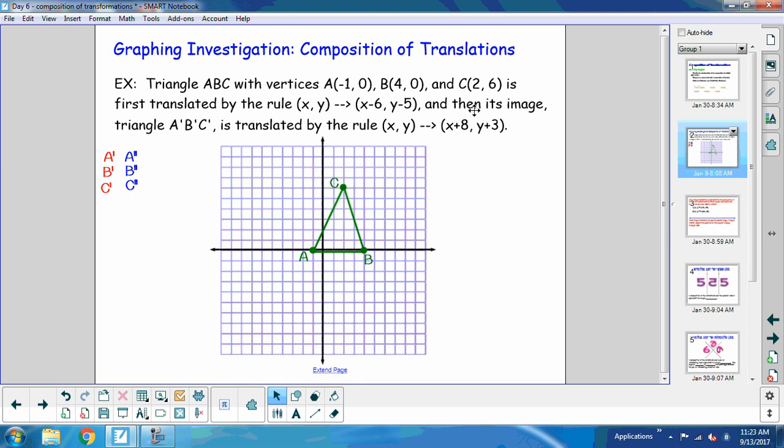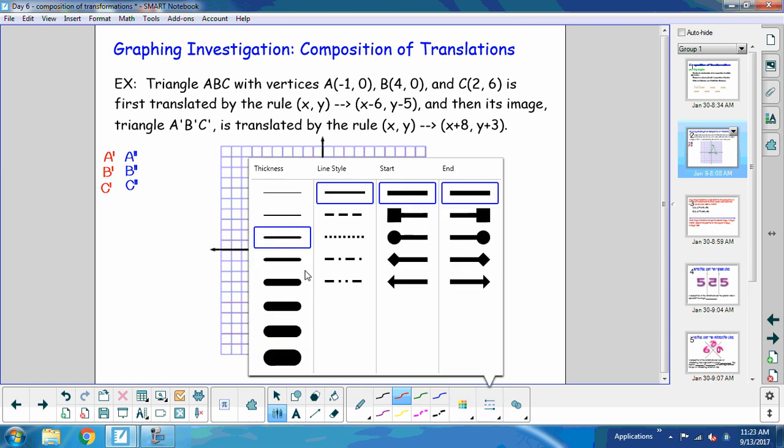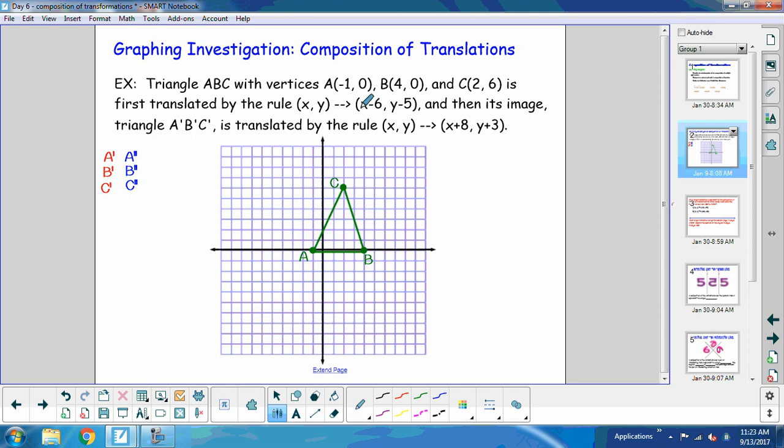Okay, so now it says it's translated by the rule (x, y) maps to (x - 6, y - 5). So let me grab a new color. This tells me my x values need to go left 6 and down 5. So for each of those points, I'm going to go left 6: 1, 2, 3, 4, 5, 6, and down 1, 2, 3, 4, 5.